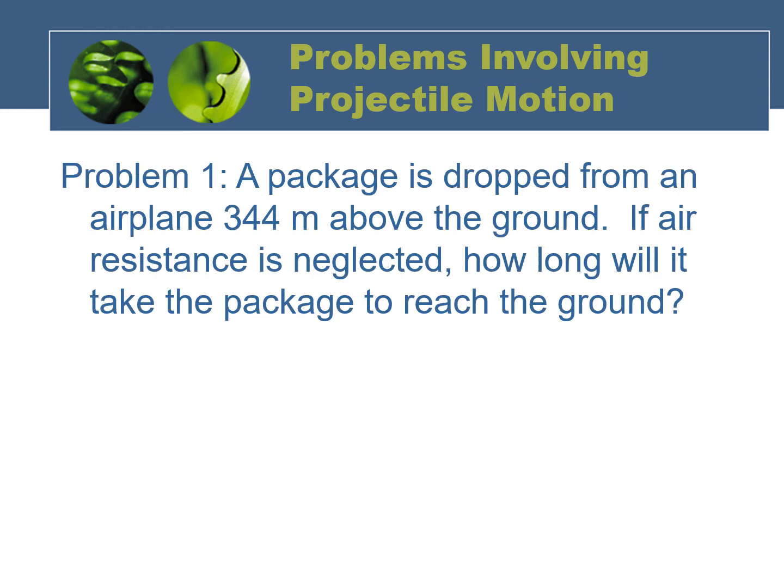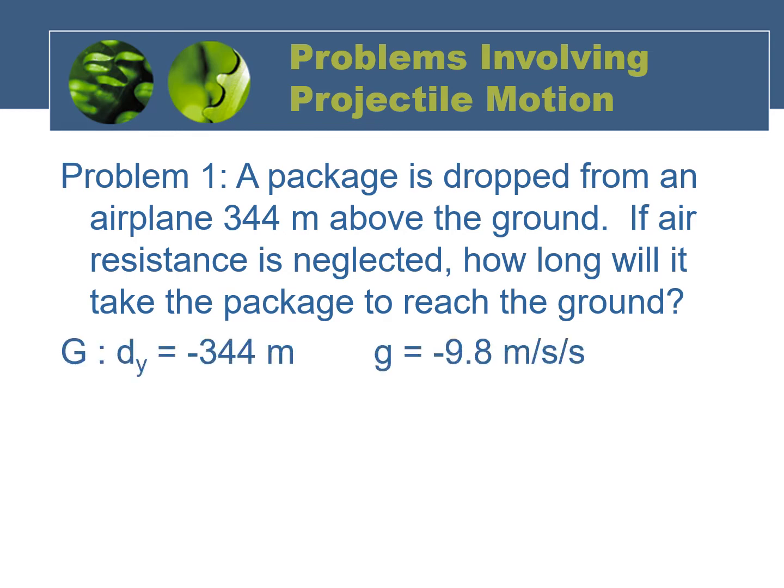Using GRESA, let us solve some problems related to projectile motion. Problem number 1. A package is dropped from an airplane 344 meters above the ground. If air resistance is neglected, how long will it take the package to reach the ground? So let us now identify the given.